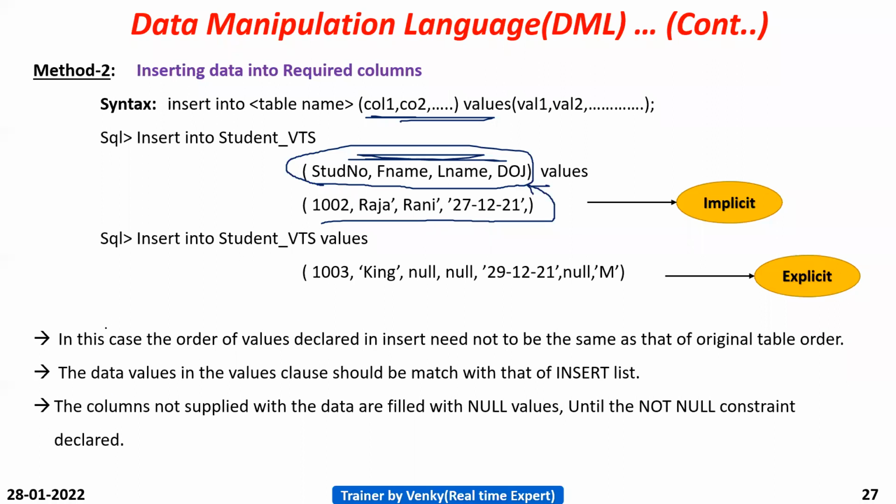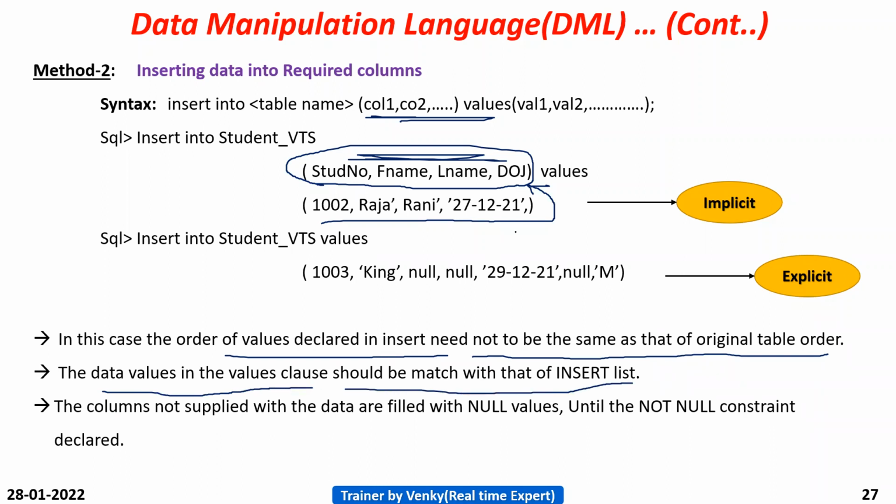Okay. Next, the order of values declared in insert need not be the same as the original table order. What I said is that the data values in the values clause should match the insert list.